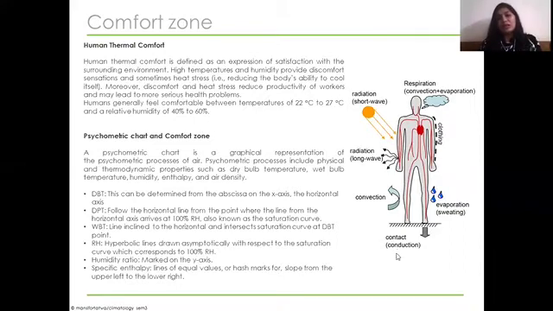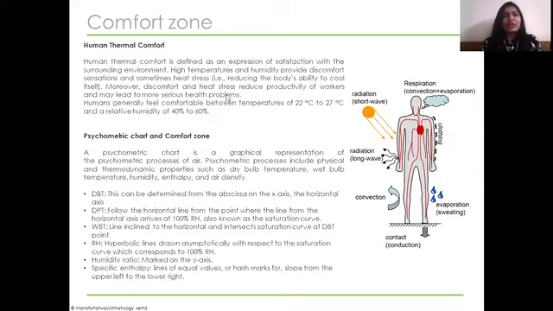And some part of the body comes in contact with different things, maybe the floor, a chair or a table, anything which comes in contact with your body, we exchange heat with that surface through conduction. So these are the means by which we keep exchanging heat with our immediate surroundings.